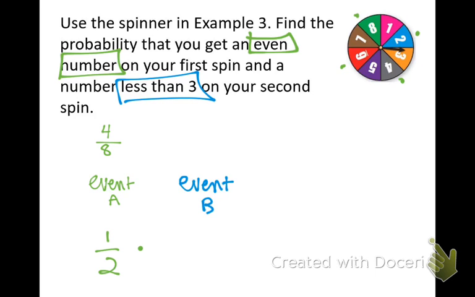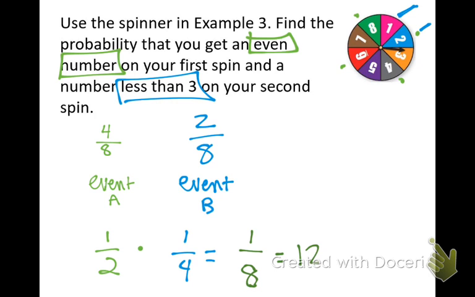So how many of them are less than 3? 2 of them out of 8 of them. What does 2 over 8 reduce to? 1/4. So the only perk to reducing is it's easier to do. 1 times 1 is 1, and then 2 times 4 is 8. So you'll get the same answer. It's just you can do it easier. What is it? 12.5%.